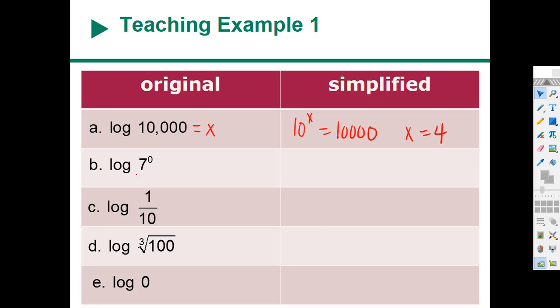So on this one, it's a 7 to the 0. Well, what's anything to the 0 power? 0. No. 1.